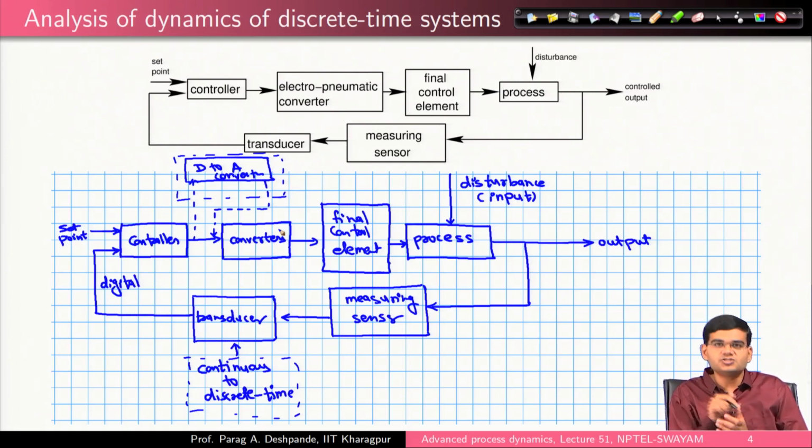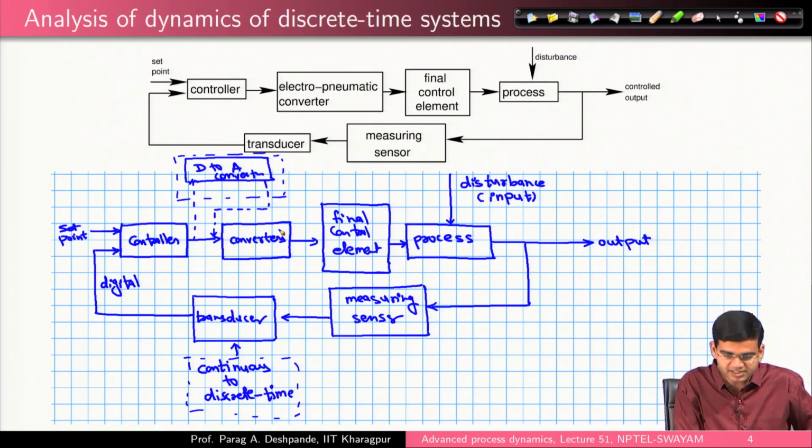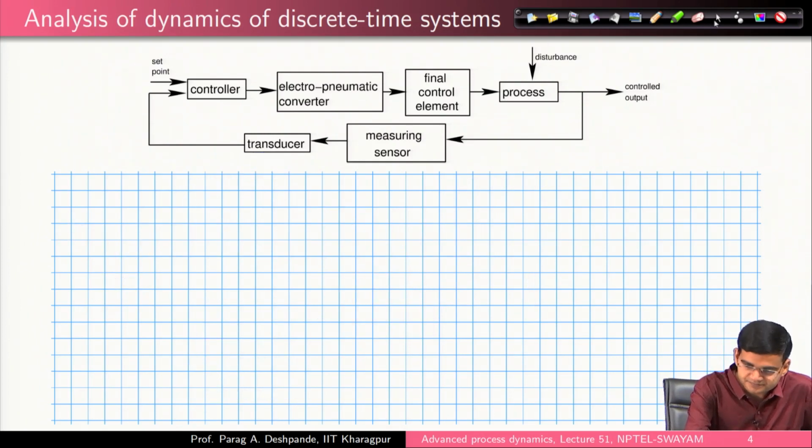and therefore, the way we study the response of the system subjected to continuous inputs, the response of a continuous signal subjected to a continuous input, we need to understand the response and come up with a methodology to understand the response of discrete time processes as well.